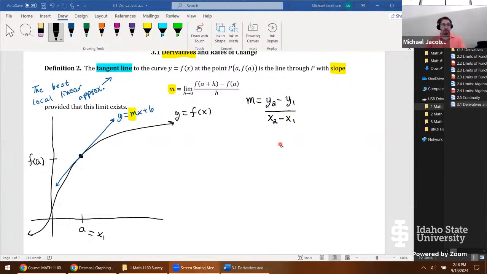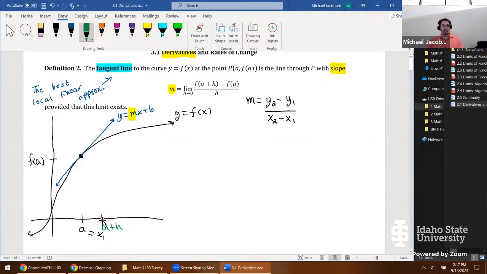So here's our second point we're going to throw in. Let's go to a new color, green, for this. If I want a point nearby a, which we're calling x1, just using this formula, we might call it a plus h. The h here is just a slight increment to move the point away so that we can actually have 2 points to work with. Now the formula appears on the table.